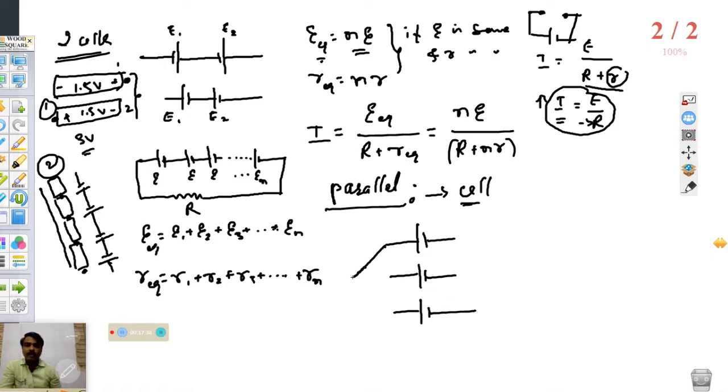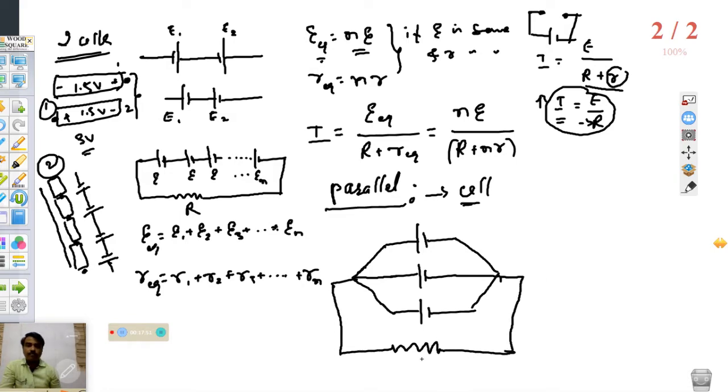All the cells have to be connected to a common terminal. And here an external resistance is applied. Okay, here is the external resistance. So for this external resistance, we should calculate the total EMF as well as the total internal resistance also.